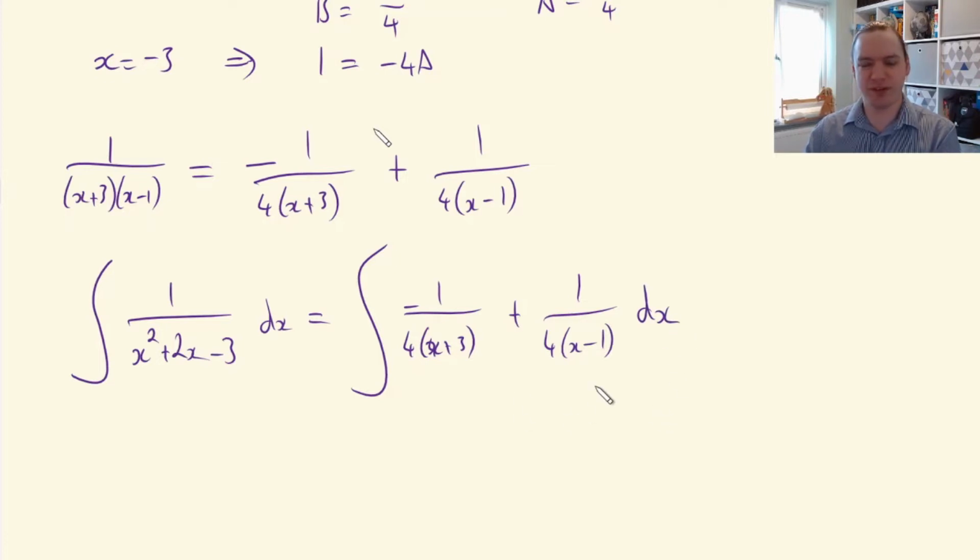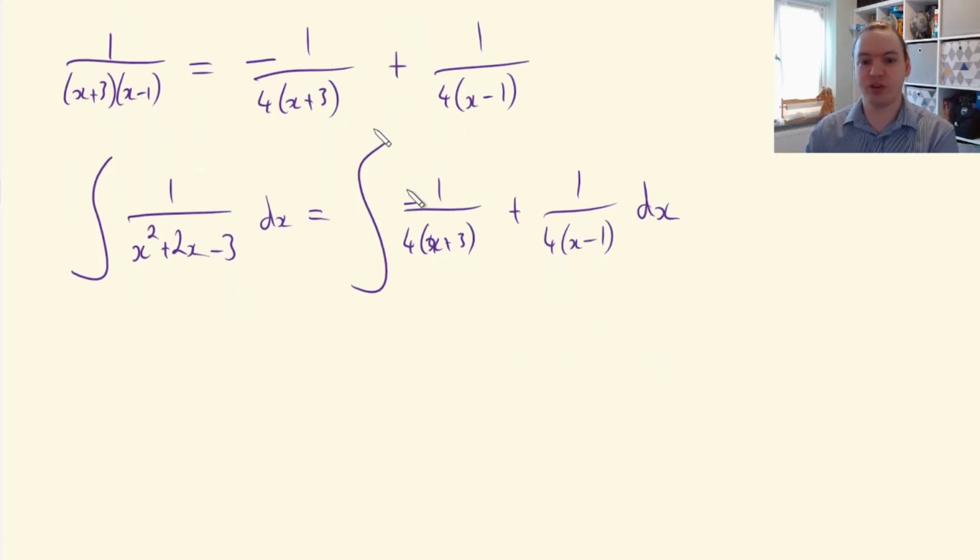At this point you have some choices. You could notice that I've got a common factor of 1/4, and you could pull that out and integrate 1 over x plus 3 and 1 over x minus 1, or you can just integrate this as is, because it's not that hard to do.